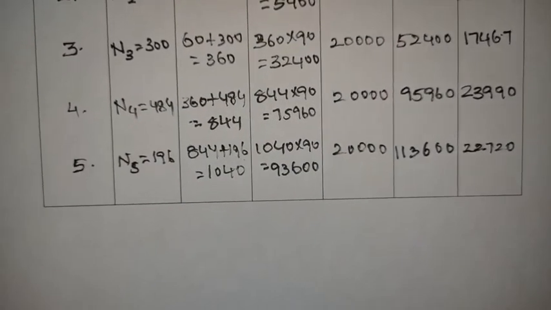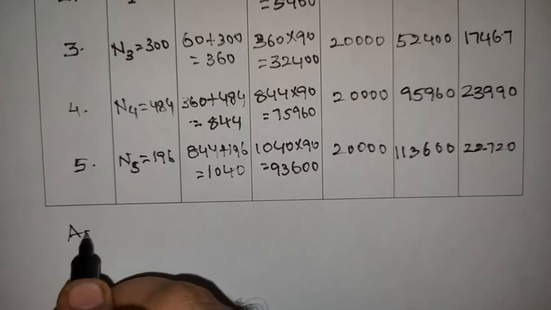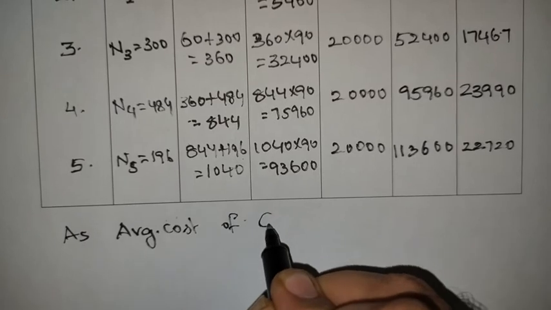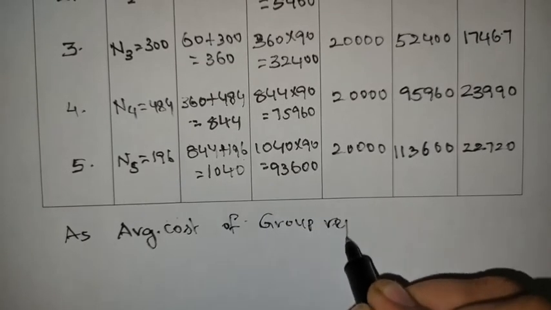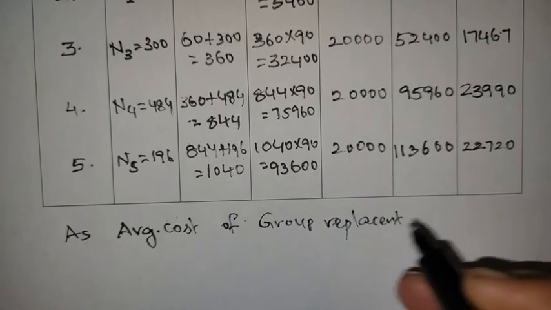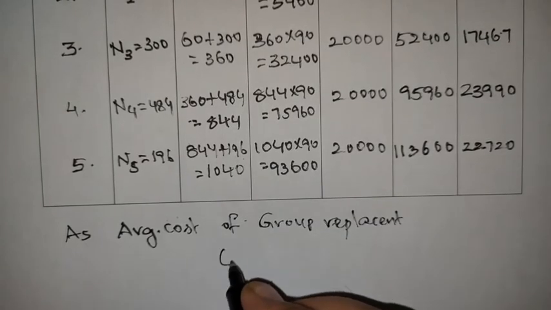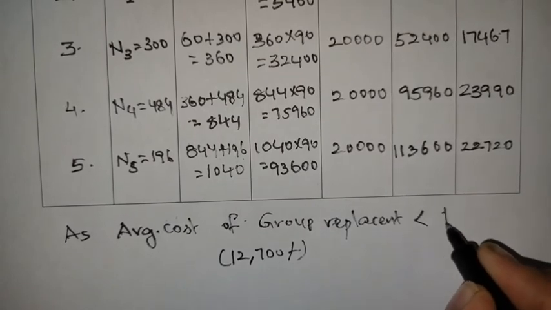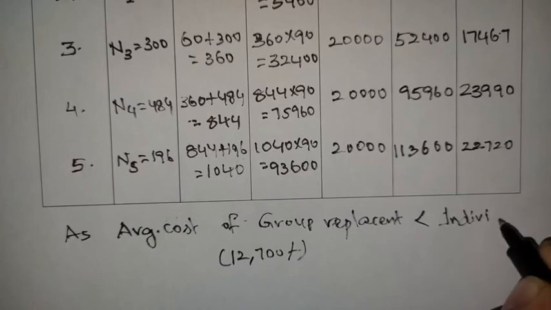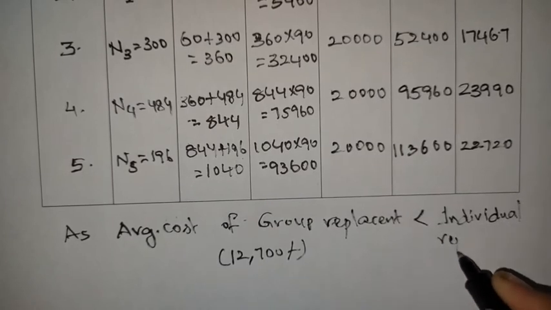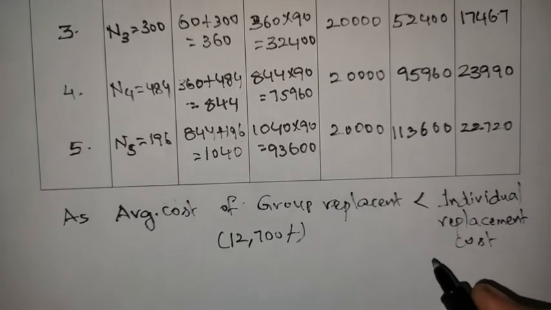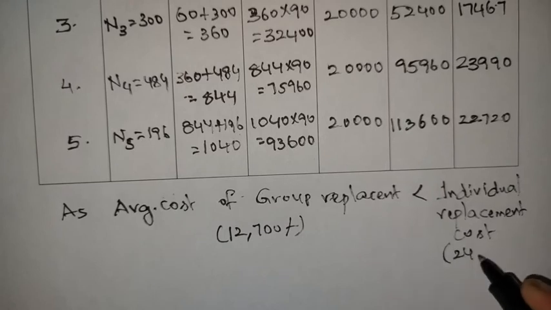Let us write that one as: the average cost of group replacement, what is the value? 12,700 rupees is less than the individual replacement cost, that is 24,064.17 rupees.